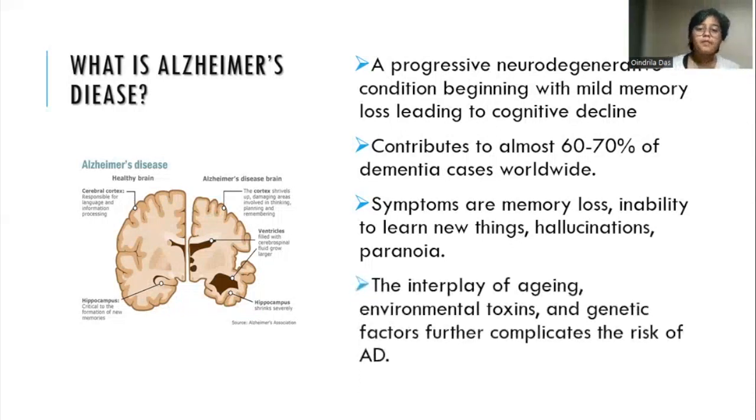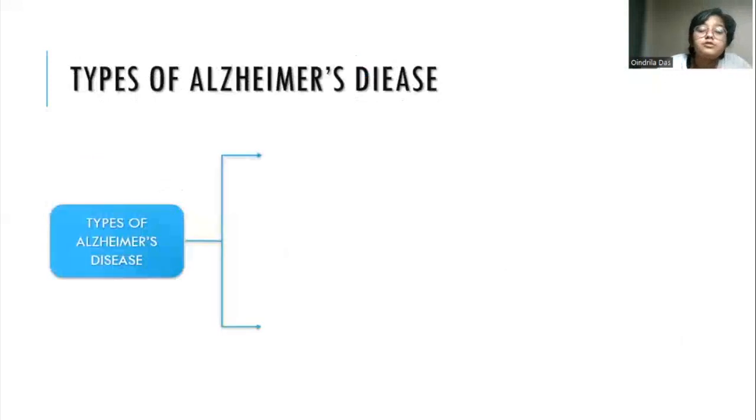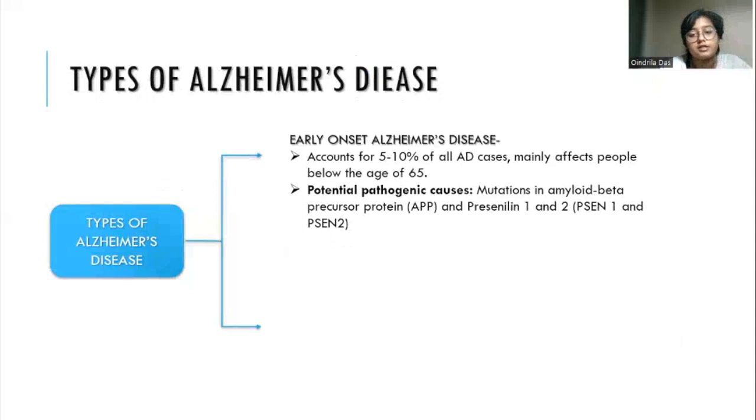disease. The pathogenesis of Alzheimer's disease is complicated by an interplay of aging, environmental toxins, genetic factors, etc. There are essentially two types of Alzheimer's disease, the first one being early onset Alzheimer's disease or familial Alzheimer's disease, which accounts for around 5 to 10% of all Alzheimer's cases and mainly affects people below the age of 65.